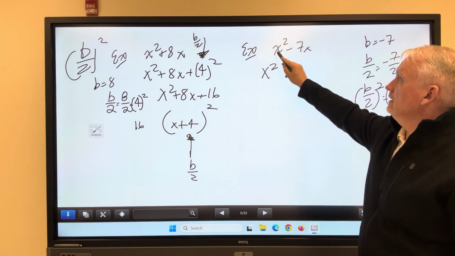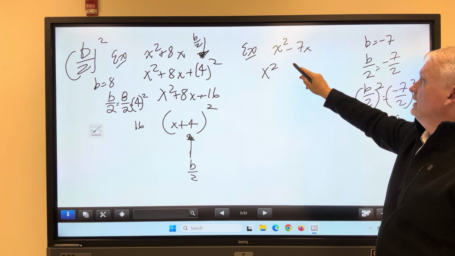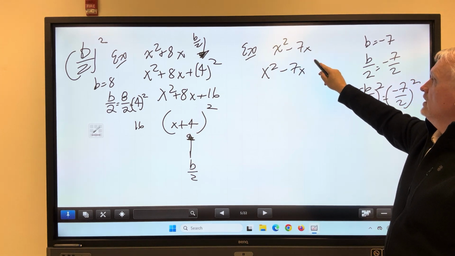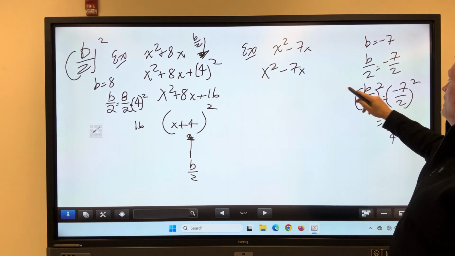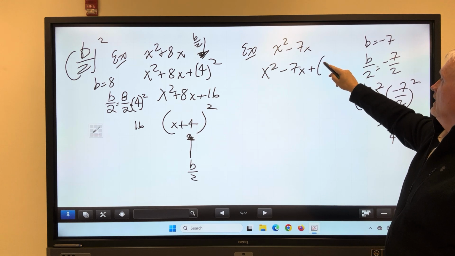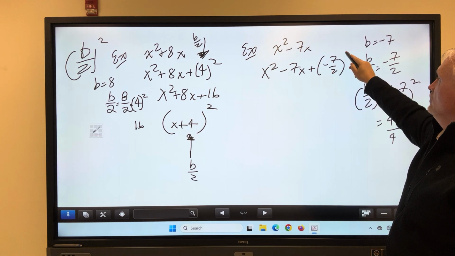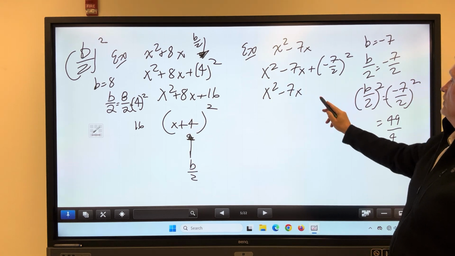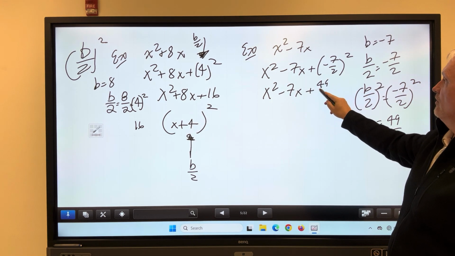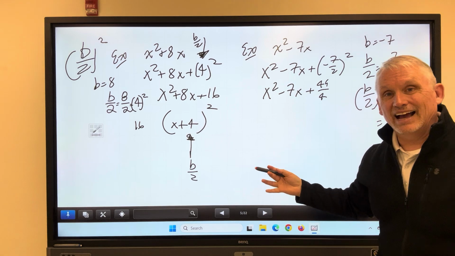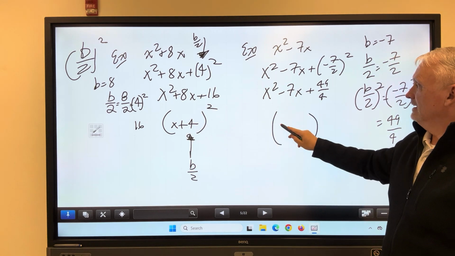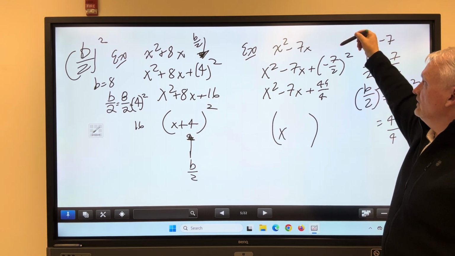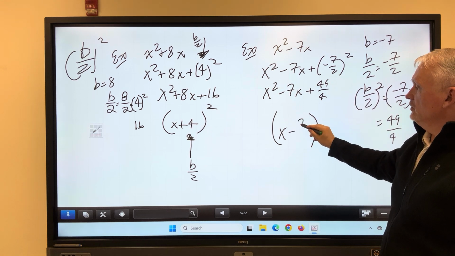X squared, the leading coefficient is 1, so I'm good, minus 7x. Remember, I'm doing this plus negative 7 over 2 squared. Well, I did all the work. This is plus 49 over 4, but now I have to factor that. Your answer's in here: minus 7 over 2, just write it in.